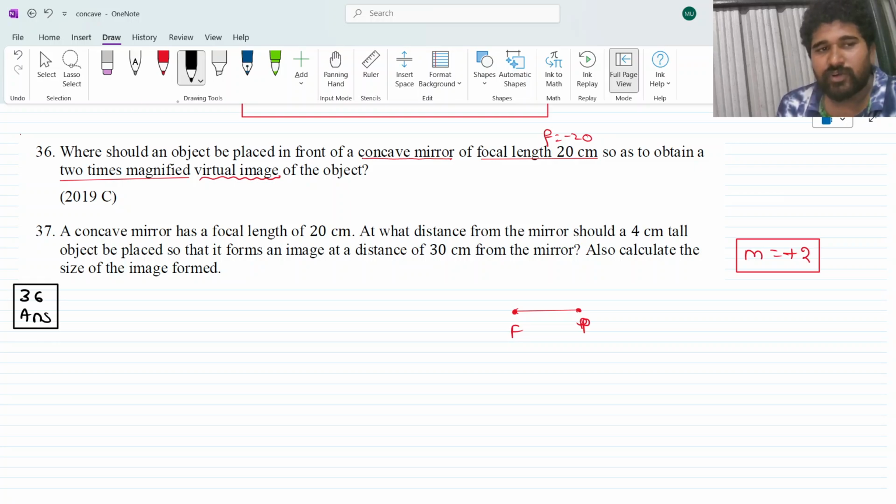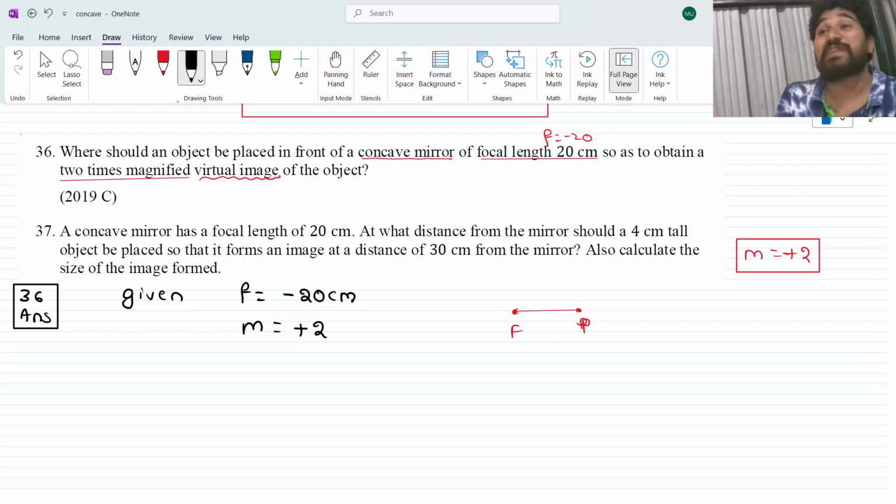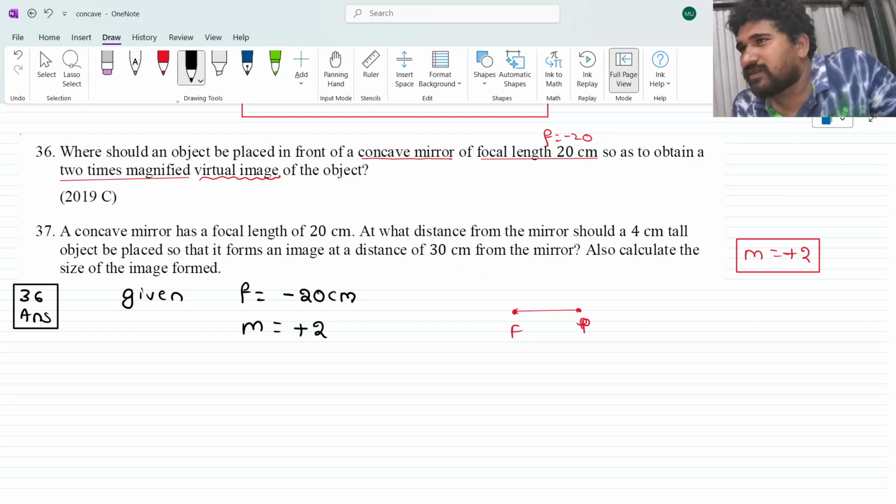So what is the given data? He gave only F is equal to minus 20 centimeter, and M is equal to plus 2. Sir, how did you say plus 2? M is 2, okay. It can be plus 2 or minus 2, right?